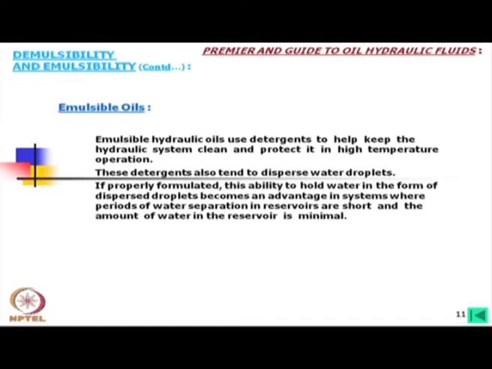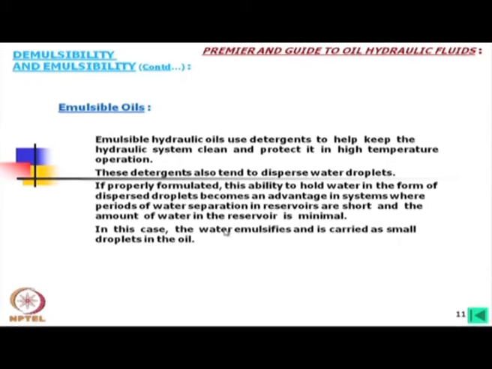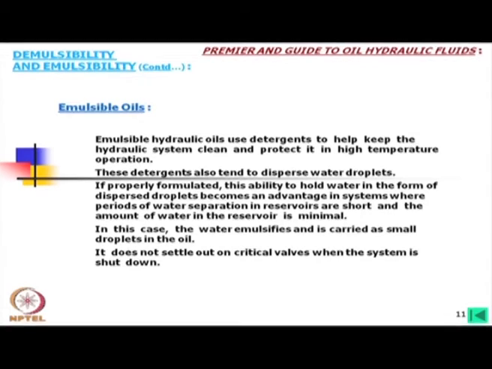If properly formulated, this ability to hold water in the form of dispersed droplets becomes an advantage in systems where periods of water separation in reservoirs are short and the amount of water in the reservoir is minimal. In this case, the water emulsifies and it is carried as small droplets in the oil. It does not settle out on critical valves when the system is shut down.